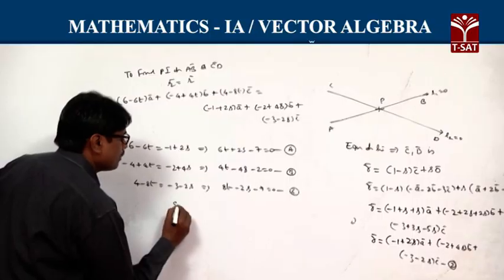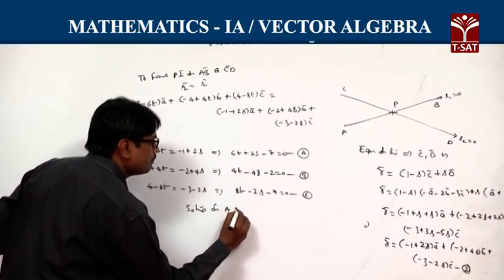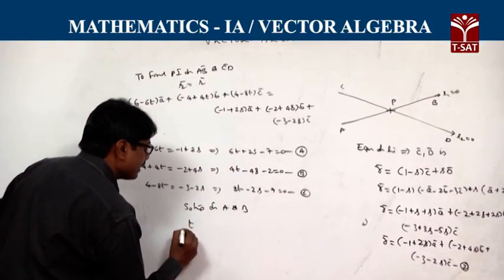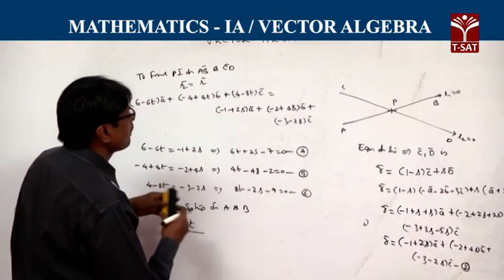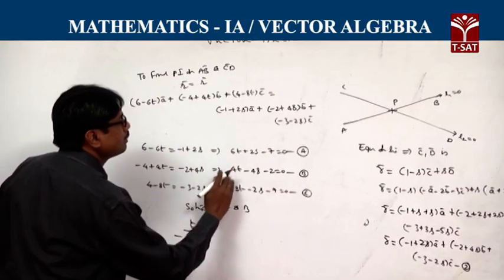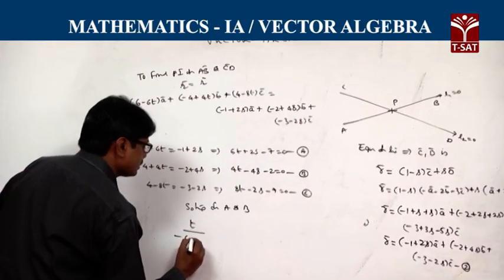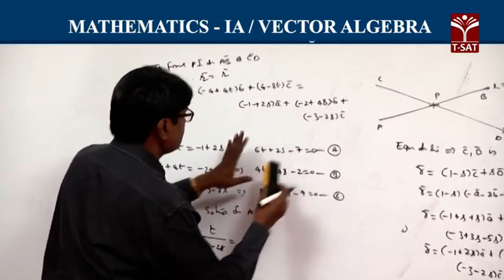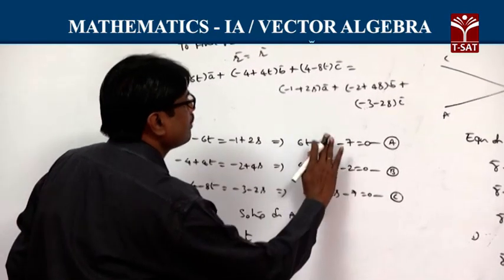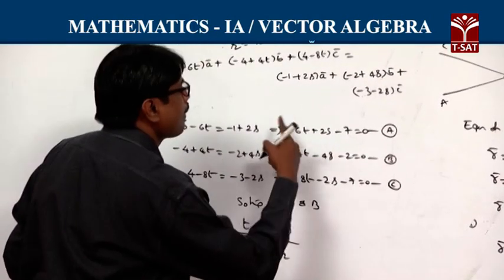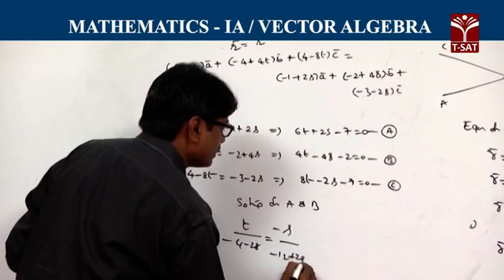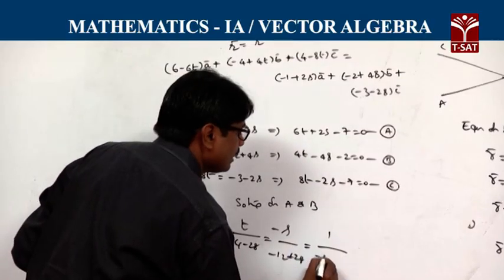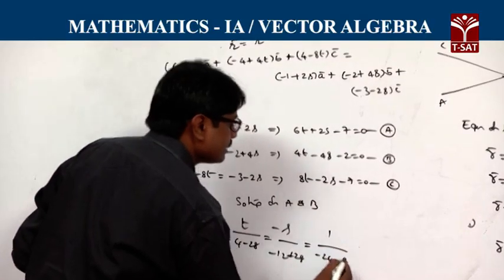Then solving A and B, now you can solve t divided by coefficient of t, that is minus 4 minus 28, t divided by minus 4 minus 28, s divided by minus 12 plus 28, and 1 divided by minus 24 minus 8.